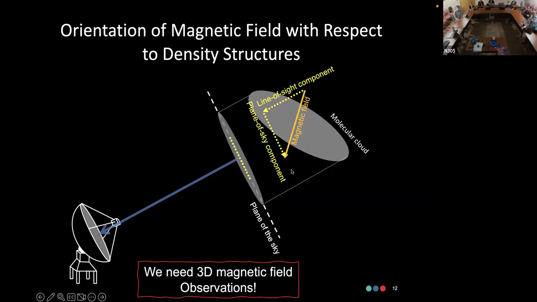So when projected onto the plane of the sky, as you can see here, they can look parallel to each other, but in reality, they're perpendicular to each other. So to understand the role that magnetic fields are playing in the formation of clouds, evolution, and formation of stars, we need to observe them in 3D.